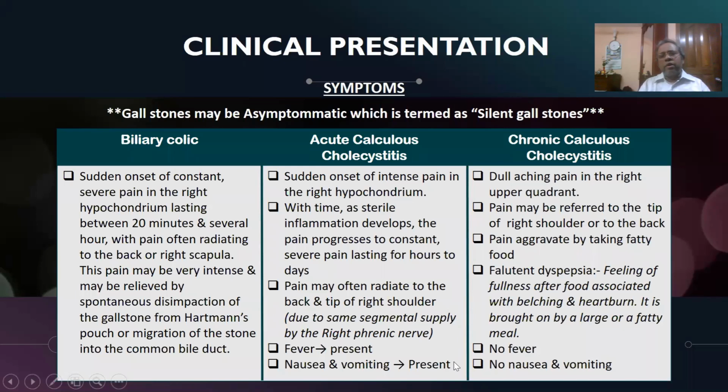It helps to decrease the abdominal contents and the abdominal distension. The presentation is nausea. So if you have nausea and vomiting, you don't take any food. It is a body defense attitude. Those two presentations also occur at the time of acute calculous cholecystitis. This is about acute calculous cholecystitis.